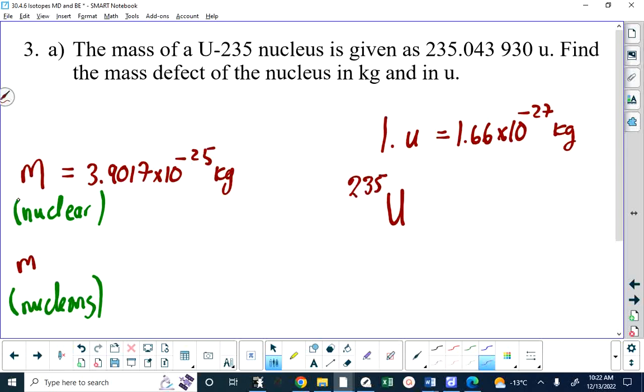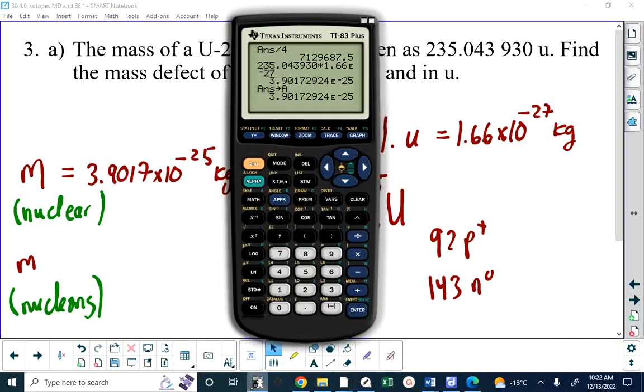How many protons in uranium-235? 92, sure. 92 protons. Carly, how can we find out how many neutrons? Subtract. Sure. 235 minus 92 gives 143, I think. Okay. I'm not going to write down 92 times the mass of a proton plus 143 times the mass of a neutron. That's something we can do on our calculator.